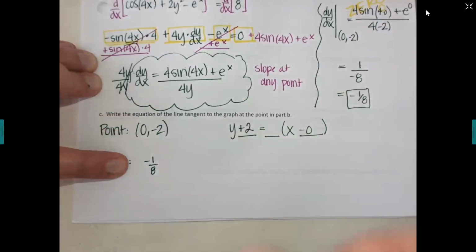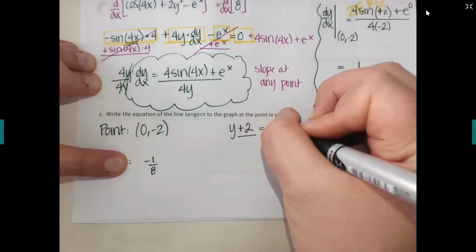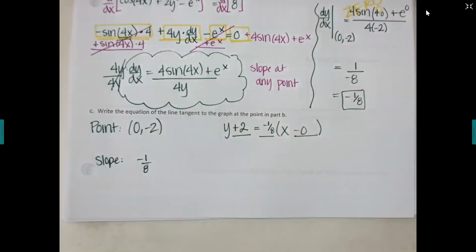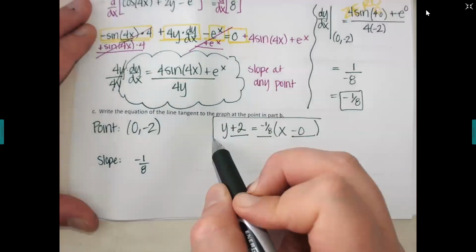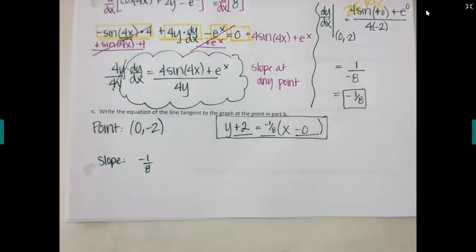My slope was -1/8, so I'm going to put -1/8. And remember that for your Delta Math, this is good enough. The only time you would have to put that into y = mx + b is if it was on the AP test and you're trying to match a multiple choice question. Other than that, this is good enough.